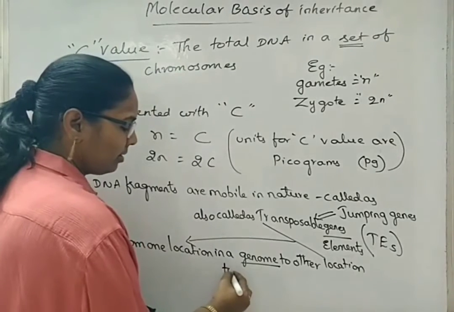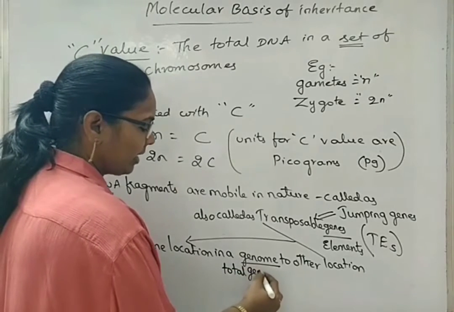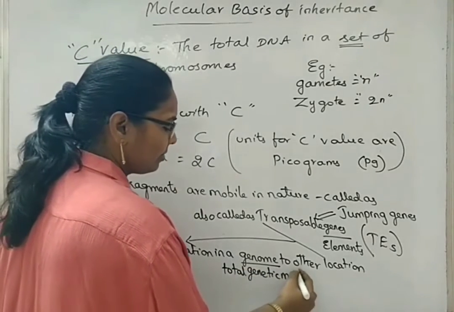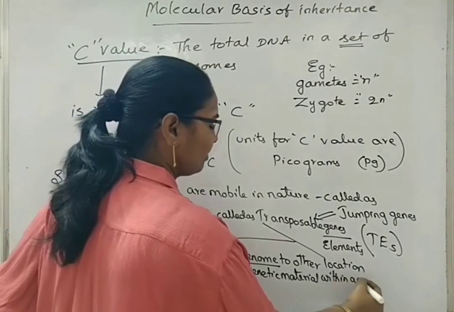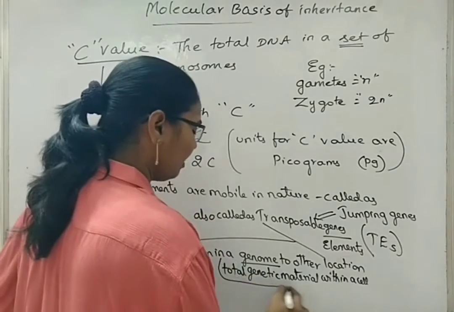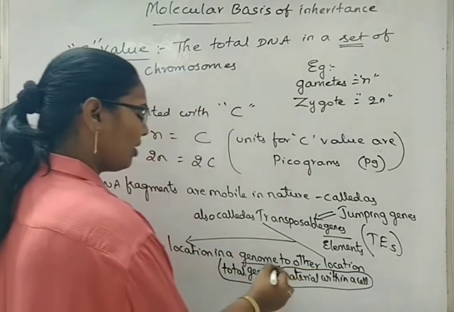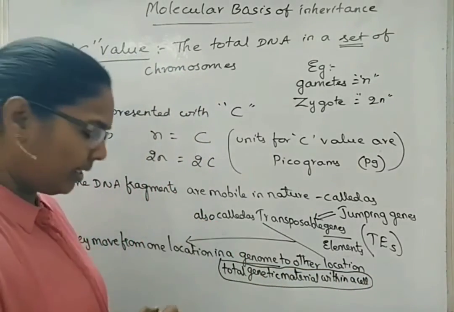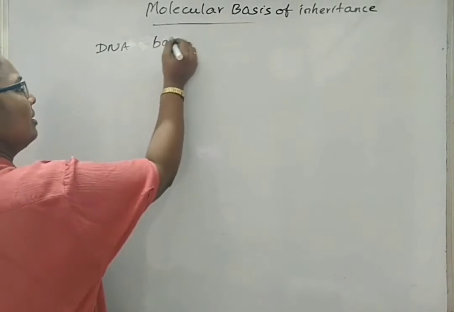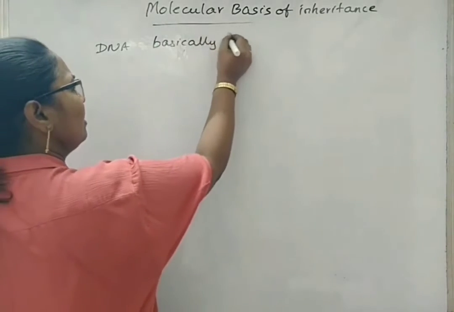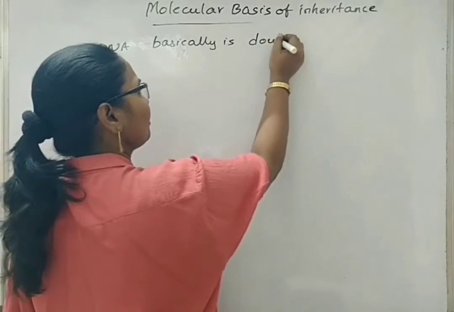During evolution, the total genetic material within a cell, it can be an egg cell or normal somatic cell or anything, is called the genome. So DNA basically is double-stranded.